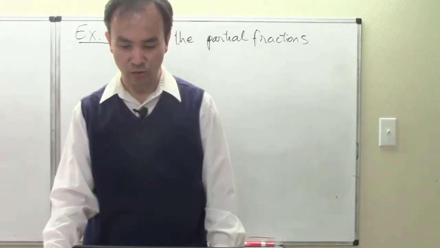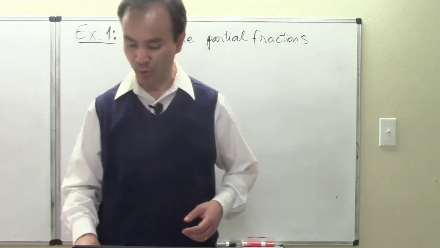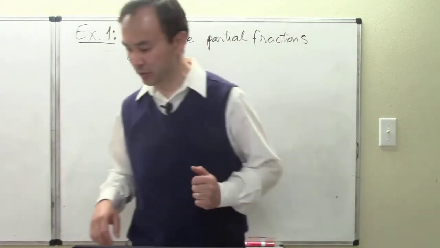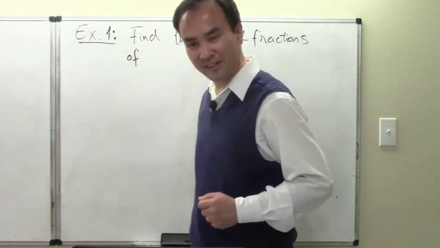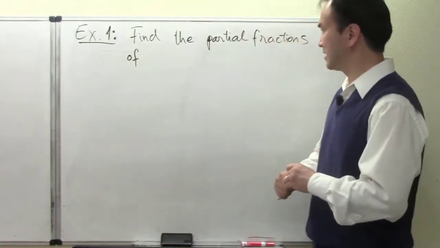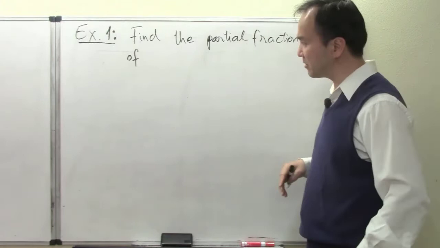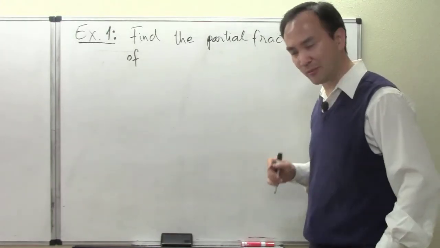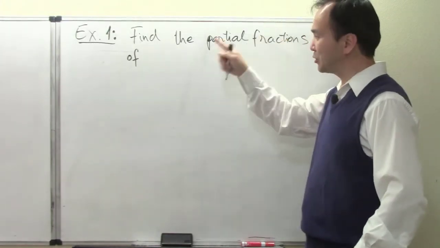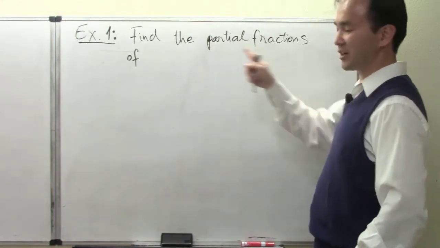All right, we're now at part B of our example 1, and let's continue doing some more partial fraction decomposition. It's the exact same instruction as for any of the problems I'm putting on the board. Let's find the partial fractions of our expression.